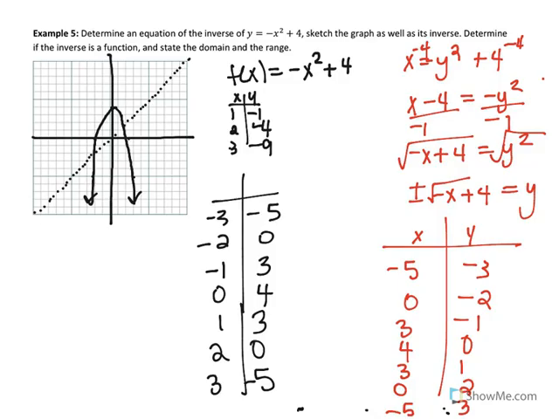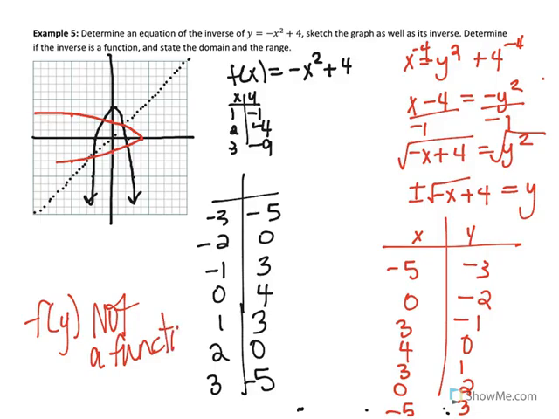And then I want you to pause the video and go and plot those. So you should get your graph looking like this. So f of y is not a function. It doesn't pass the vertical line test, and we would have to restrict our domain. Alright, so let's move on to inverse part 2.